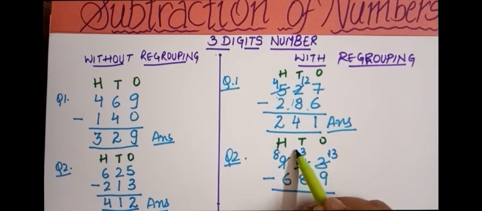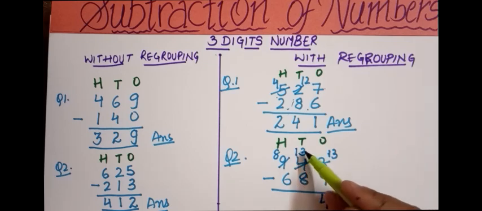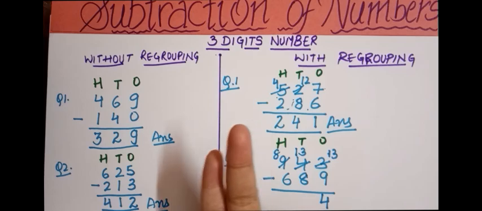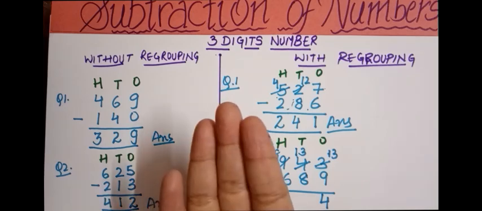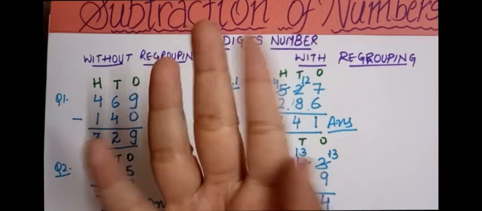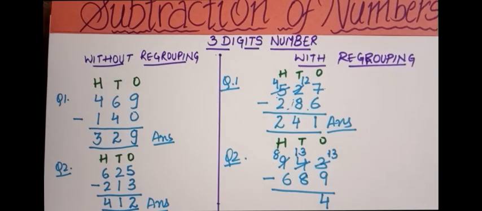So it will become 1, 3, 13. Yes. So now we can subtract 8 from 13. So 8, count forward from 8: 9, 10, 11, 12, 13. So we have 5 fingers open here. So I'll be writing 5 here.